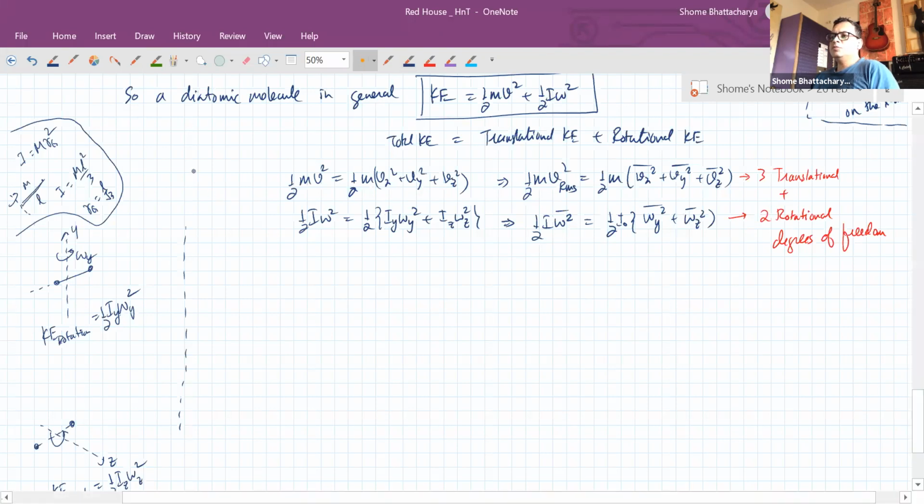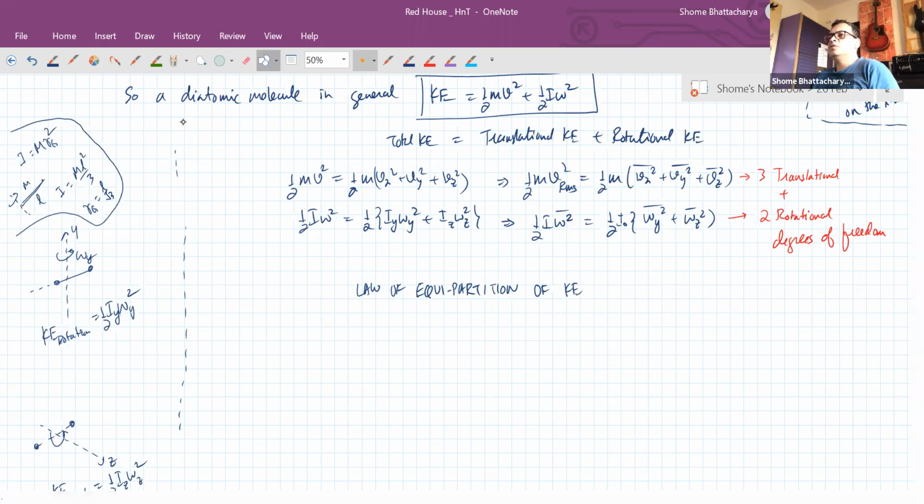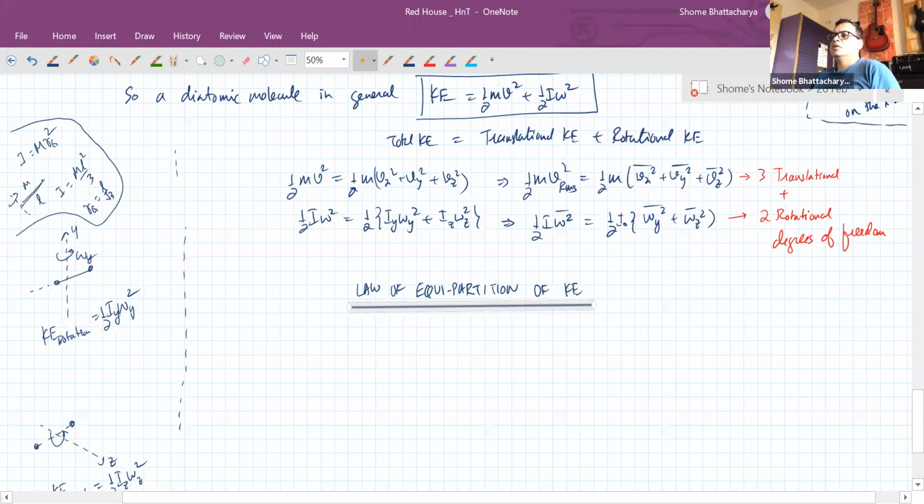Okay, so now coming back to what is important for us over here, and that is the application of the law of equipartition of energy. What the law of equipartition of energy says, in thermodynamics or in the kinetic theory of gases, is that all degrees of freedom will have equal partitioning of kinetic energy.